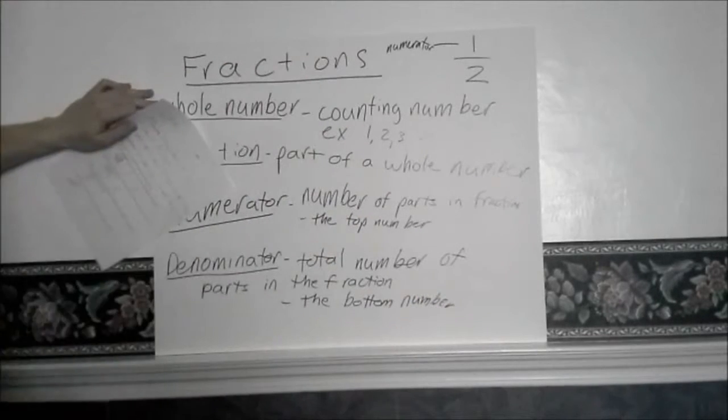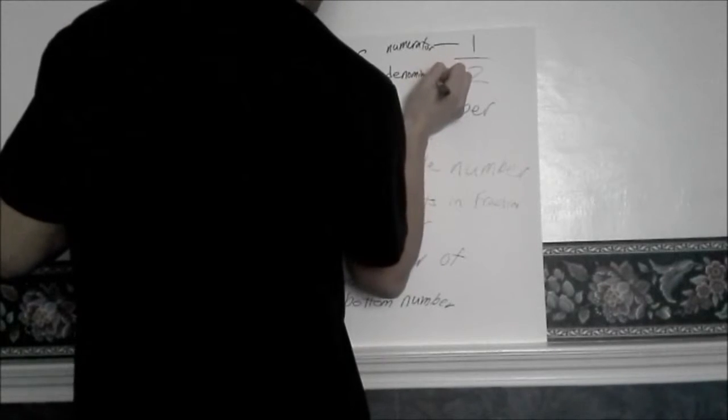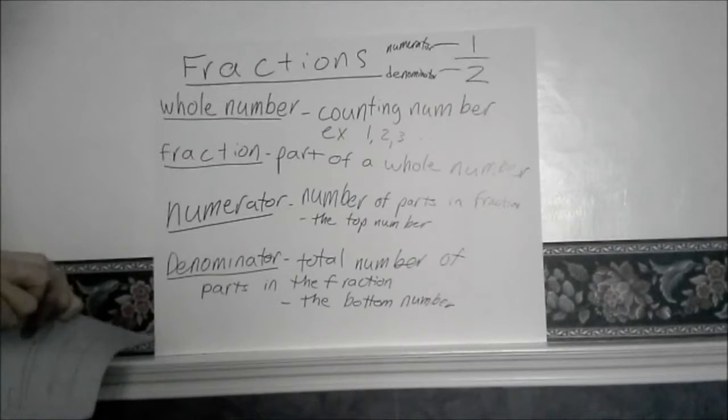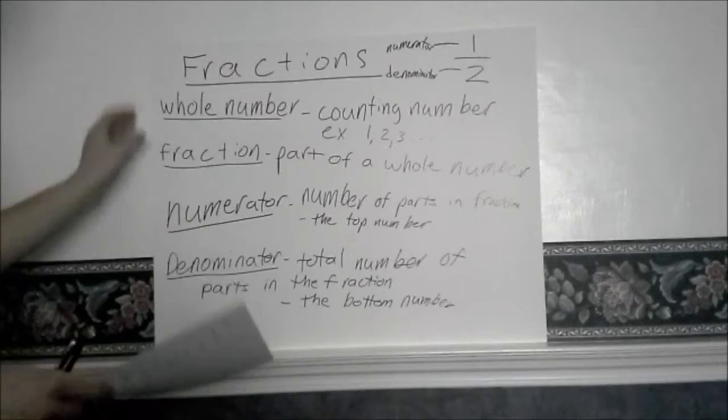So, going back up to our example up at the top, the 2 would be the denominator. Okay? So now that we've talked about the definitions, we can move into the examples lower on your sheet.